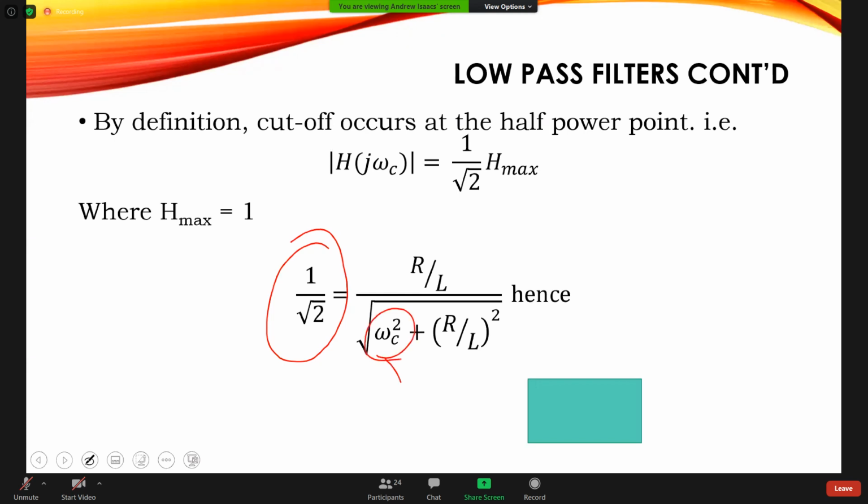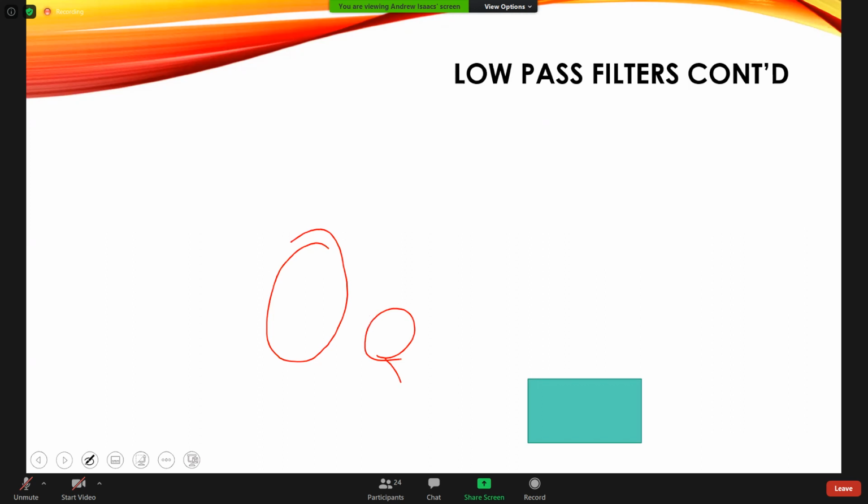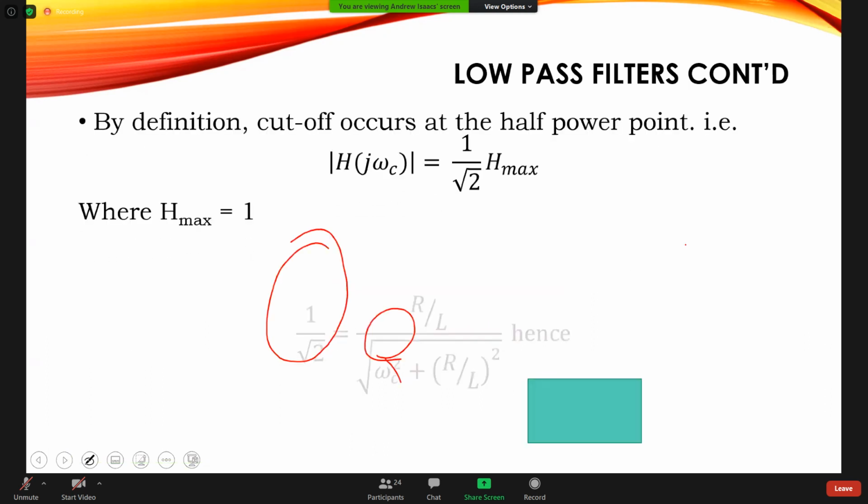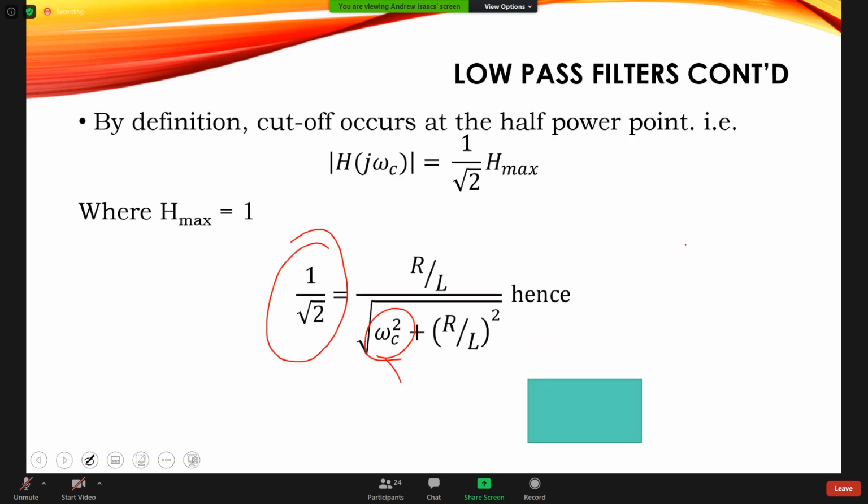So note the change in the square root sign for omega. It is now omega c. Here it's just omega, so this is a general expression. However, at cutoff, it's now omega c. So at the cutoff frequency, the magnitude or amplitude is reduced by that factor, 1 over root 2.